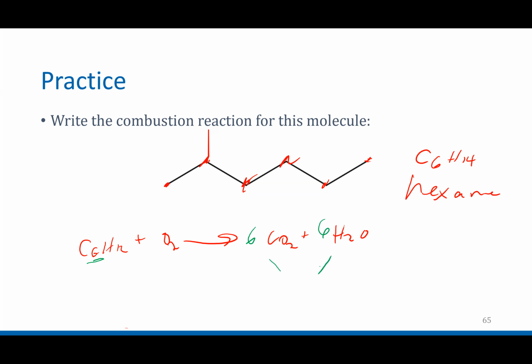And then I add my oxygens together, I have 12 oxygens and 7 oxygens. So I have 19, so I put a 9.5 right here. Okay, so that's my combustion reaction for this molecule.